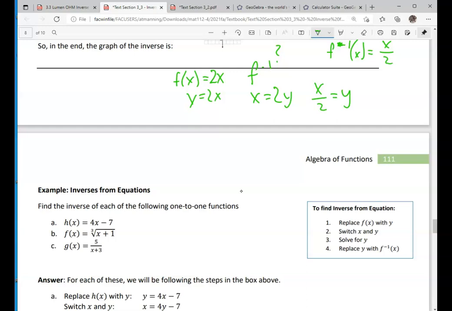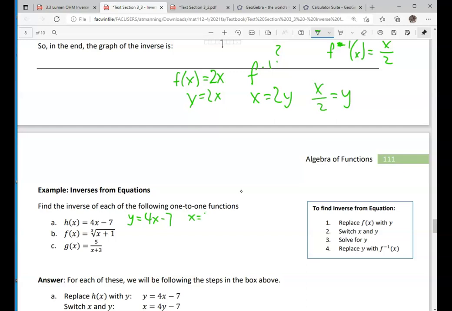Well, let's do the same thing over here. H of x, remember it doesn't matter what letter I use, h of x equals 4x minus 7. Well, let's do what they show us how to find the inverse. We replace f of x with y, or in this case, h of x. So I say y equals 4x minus 7. Now, I switch x and y.